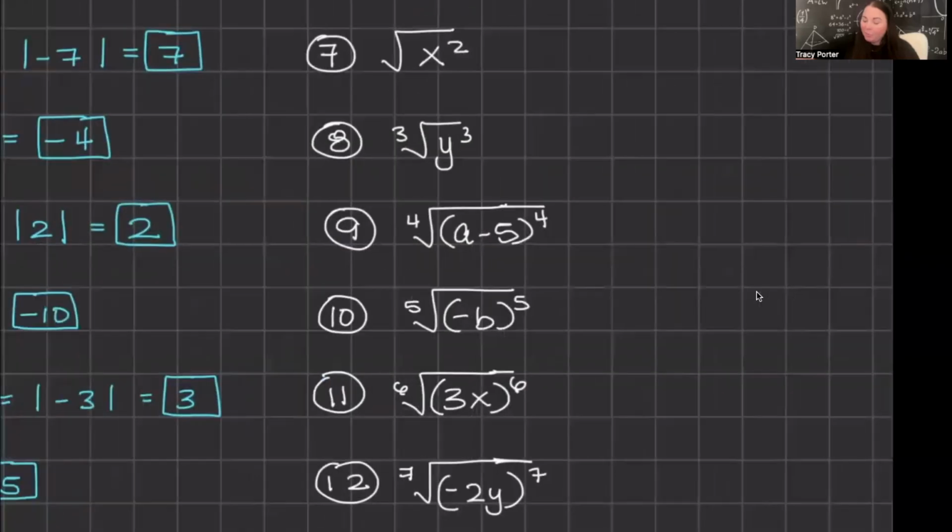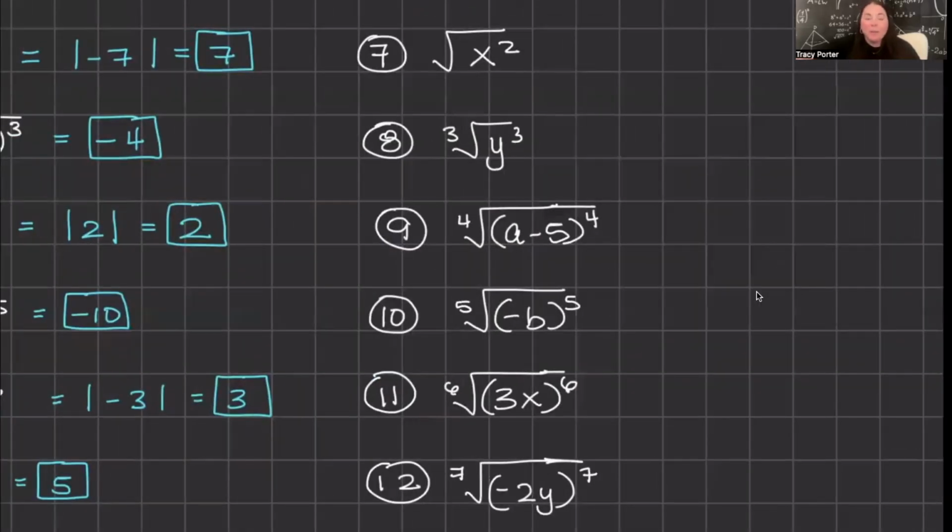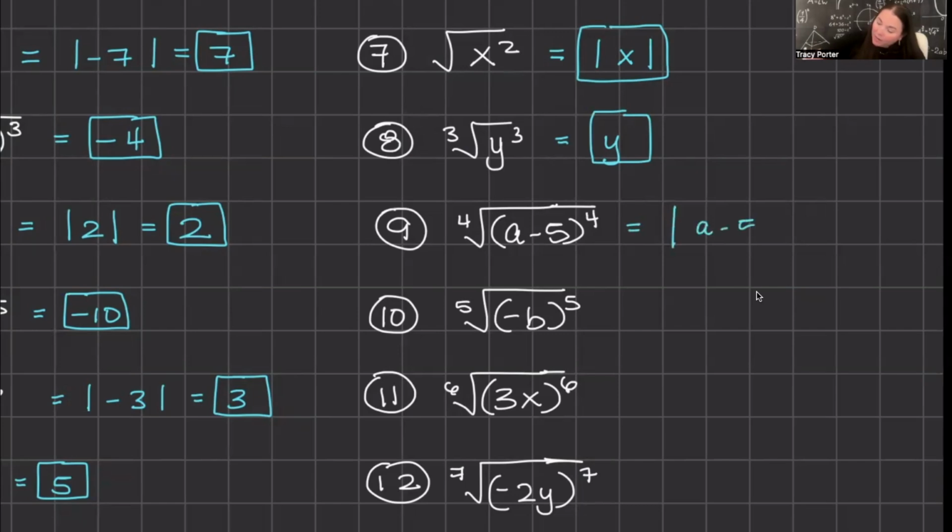And then these examples, very similar, but we have some variables and not just numbers. So this is important. If you see the absolute value of x squared, we like to say that that's just x, but officially it is the absolute value of x. So these two are equivalent, where this would just be equal to y. This is going to be the absolute value of a minus 5, because you have an even root.